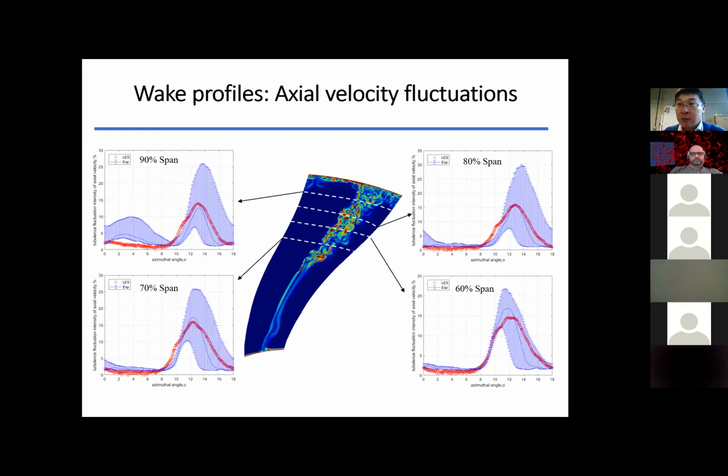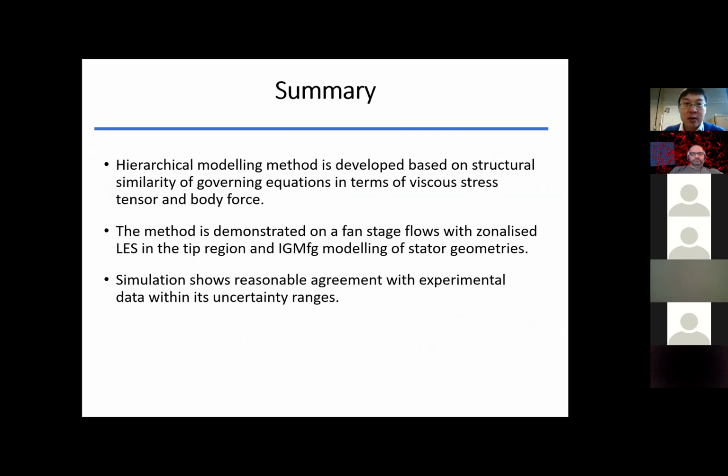And we also compare the fluctuation components, which match with experiments within the uncertainty regions, and we're quite close to the reference passage. The final conclusion is we developed this method and used it for the fan stage, and it matched with the experiment within the uncertainty range.